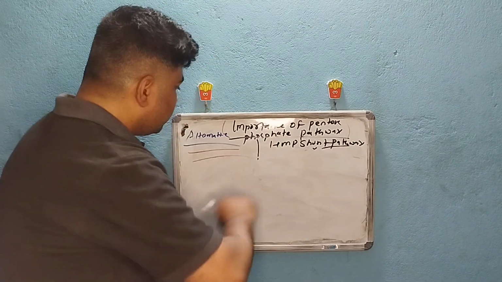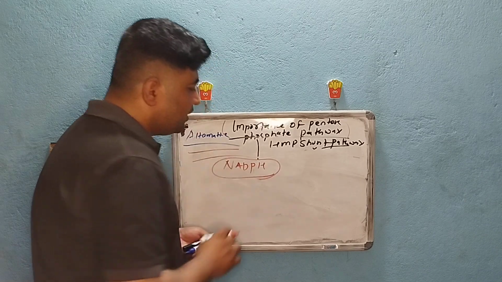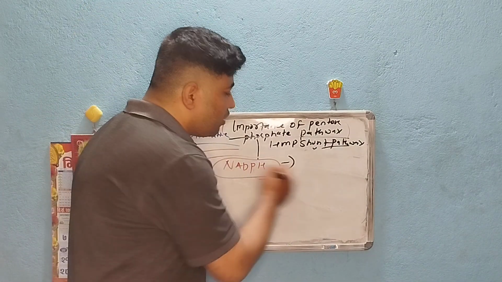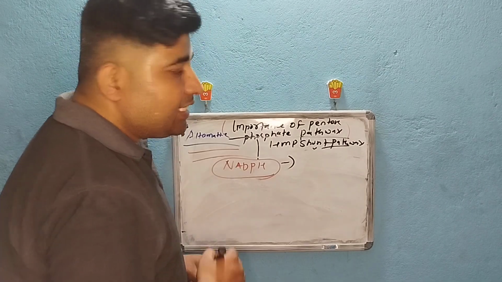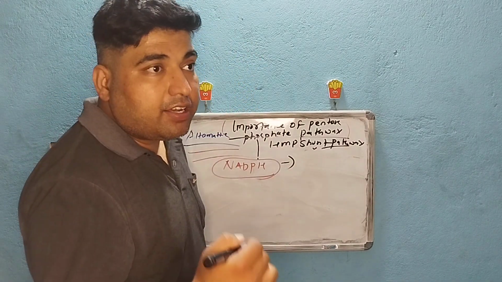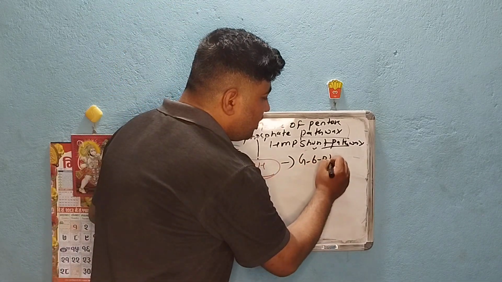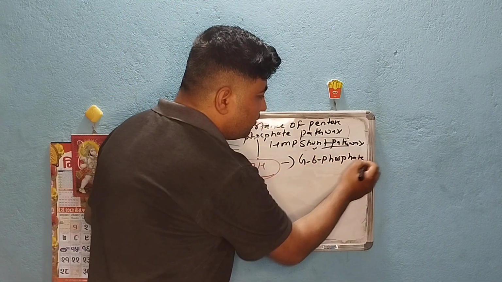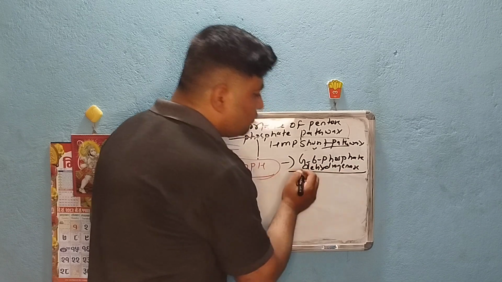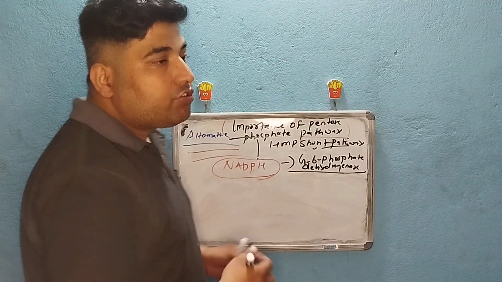This NADPH is formed in the oxidative phase of the pentose phosphate pathway, in the reaction catalyzed by glucose 6-phosphate dehydrogenase.